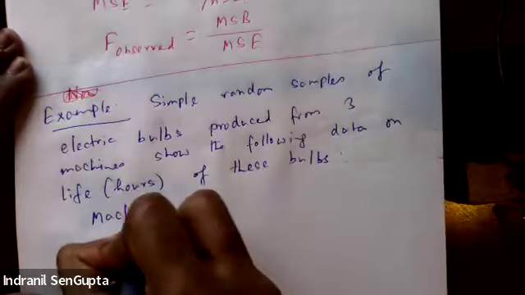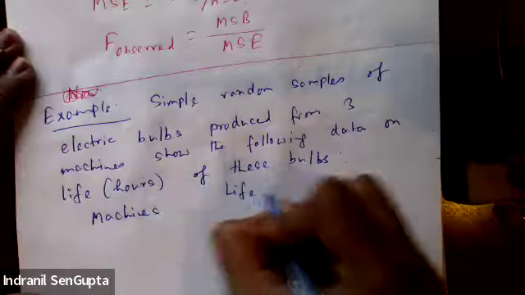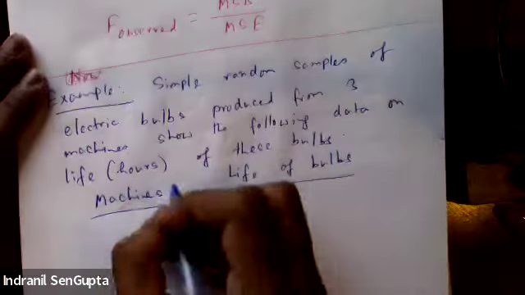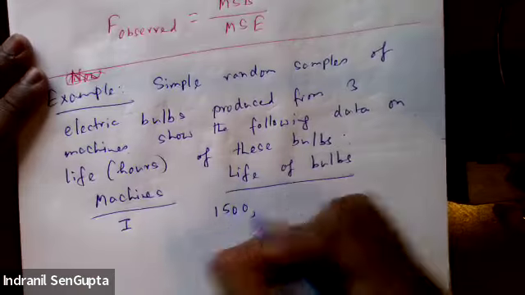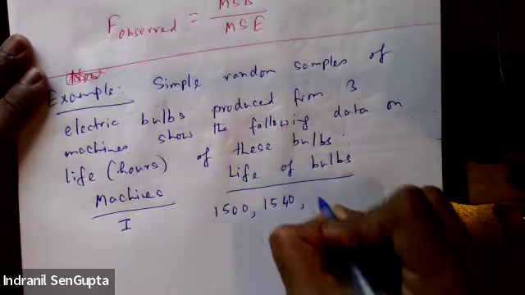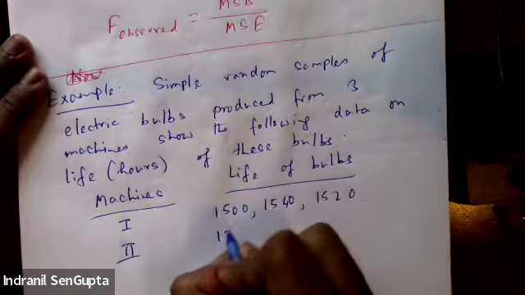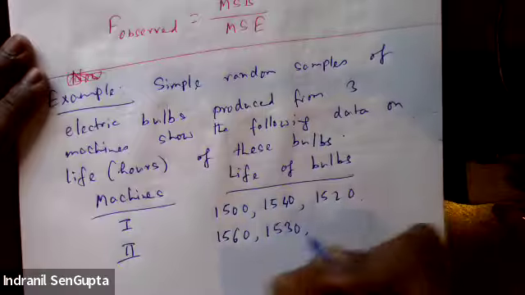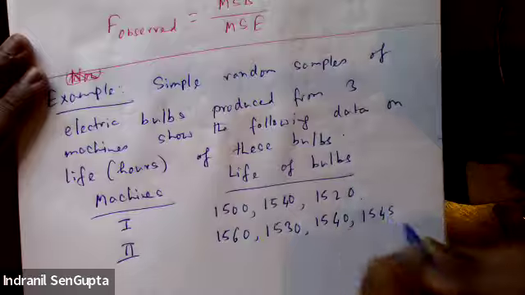Here is the table: machines and life of bulb. Machine number 1: 1500, 1540, 1520. Machine number 2: 1560, 1530, 1540, 1545.